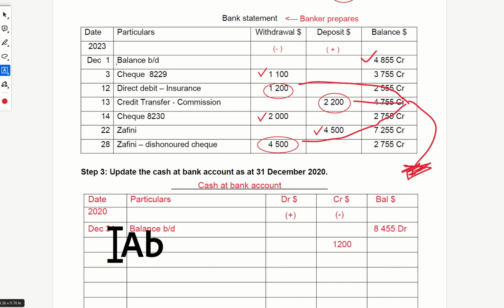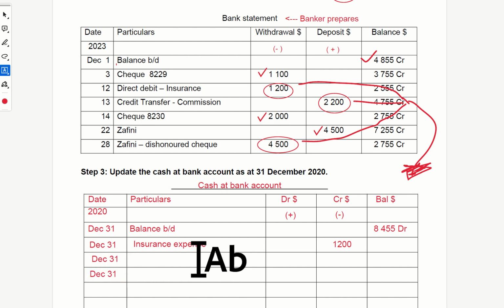What is the other account that's going to be affected? Look at the particulars column in the bank statement. It says there is insurance. So inside the particulars column, I will type insurance expense. What about the date? The date is always December 31st, the last day of the month, because that's when you found out.